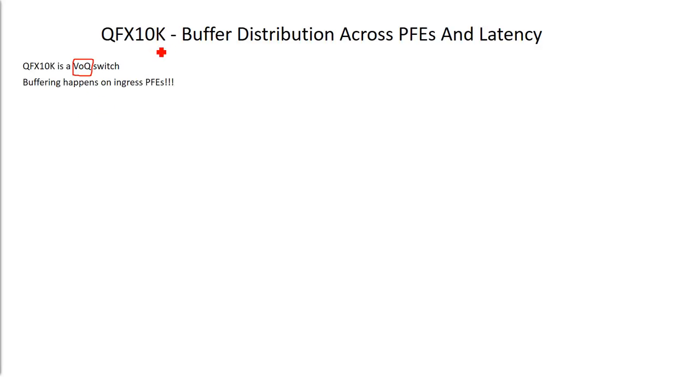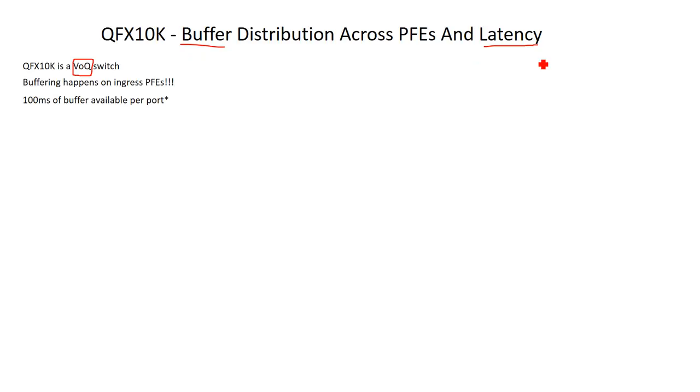Buffering on QFX10K, as we can find out from our documentation, happens only on ingress PFEs. Egress PFE plays no role in buffering. Also, we are used to thinking about buffer space in terms of latency, and the two variables are very closely connected.